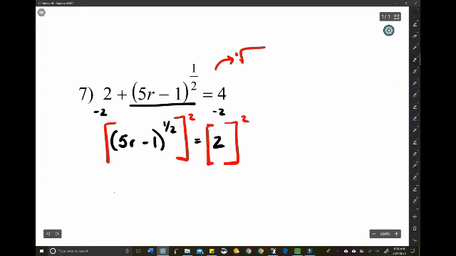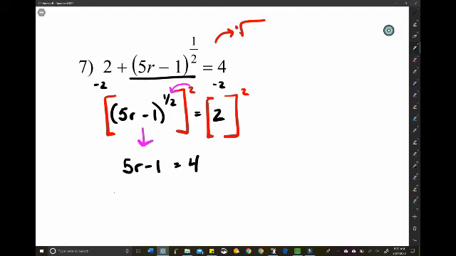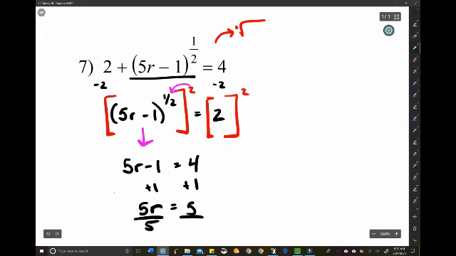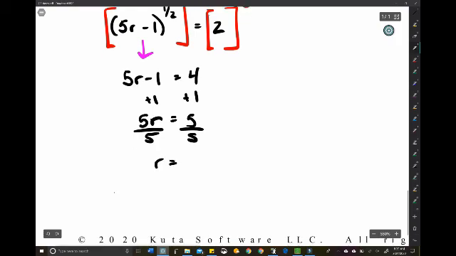Square both sides. That would cancel out. Remember, you multiply the exponents, so that just makes it 1, which brings the 5r minus 1 out. And on the right, we have equals 4. It looks scary, and it's really not too bad. Add 1, 5 is equal to 5r, divide by 5, and r is equal to 1.